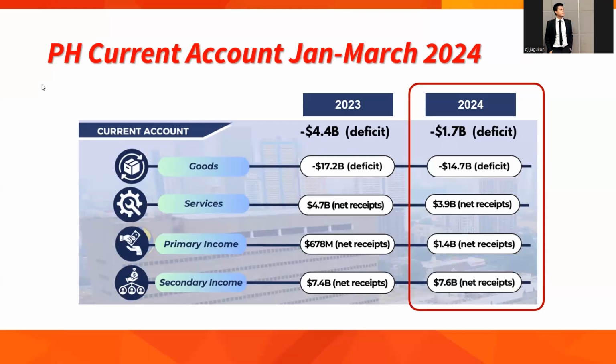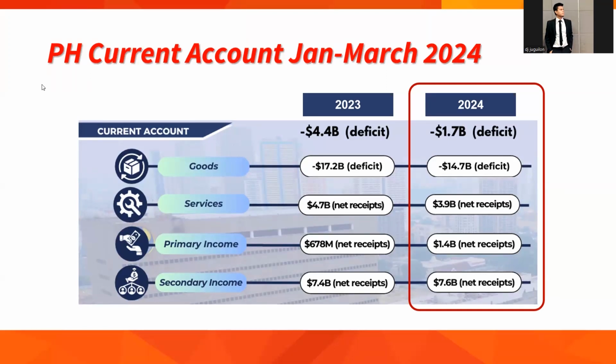Next is the primary income. For the year 2024, as you can see, we have an overwhelming increase in the primary income with an amount of 1.4 billion. And this amount is simply because of higher interest receipts from reserve assets of our country and residents' investment abroad.